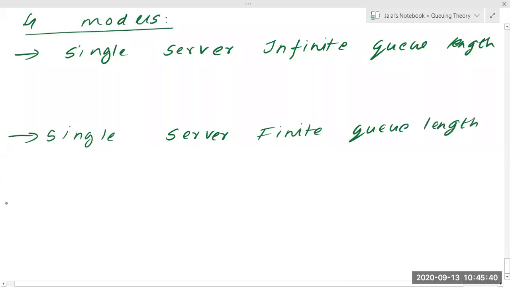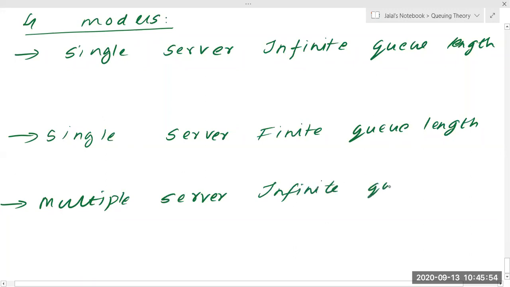Next comes multiple server. Can anyone tell me what should be the term? Multiple server, infinite queue length. And the last one that I'm going to write is multiple server, finite queue length.